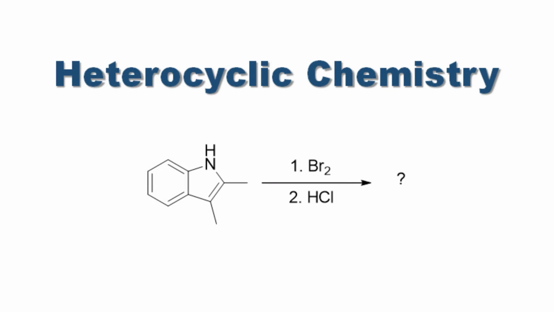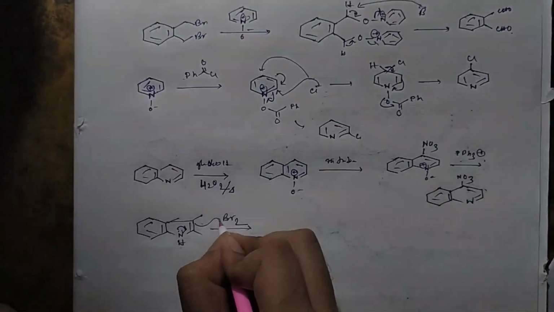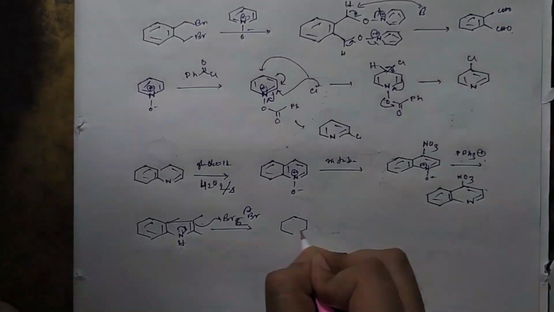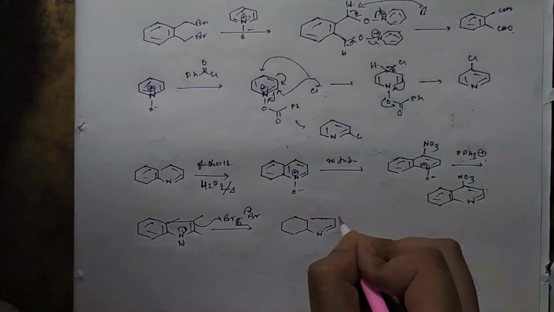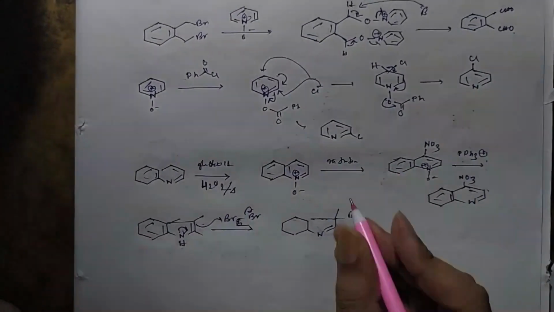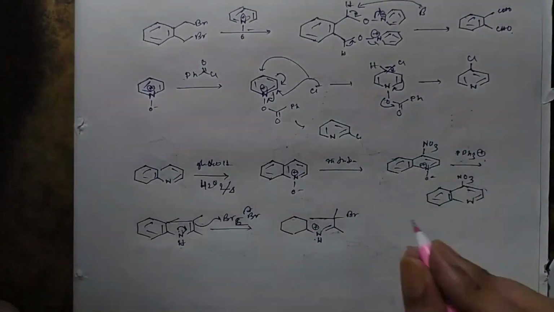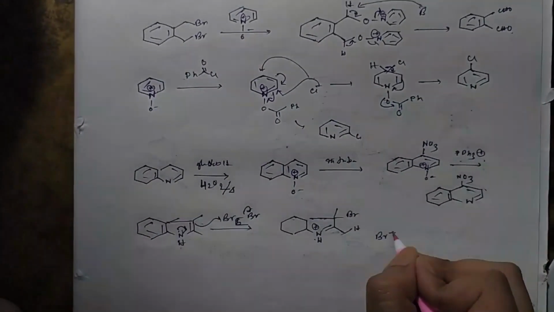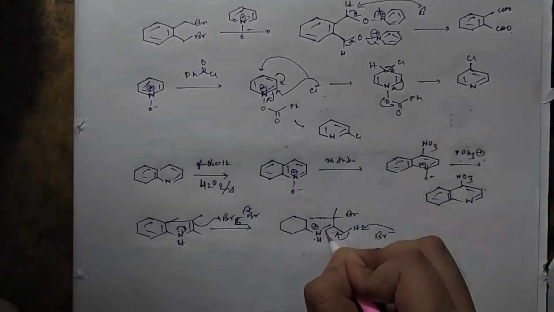Now substituted indole is treated with bromine. We know that there is nitrogen attacks here. This goes to one of the Br. If we take Br as like this, so this Br leaves, we get, now in the reaction medium there is Br minus, so that takes up this alpha position proton. So this electron goes here, this electron gets back to this indole nitrogen.